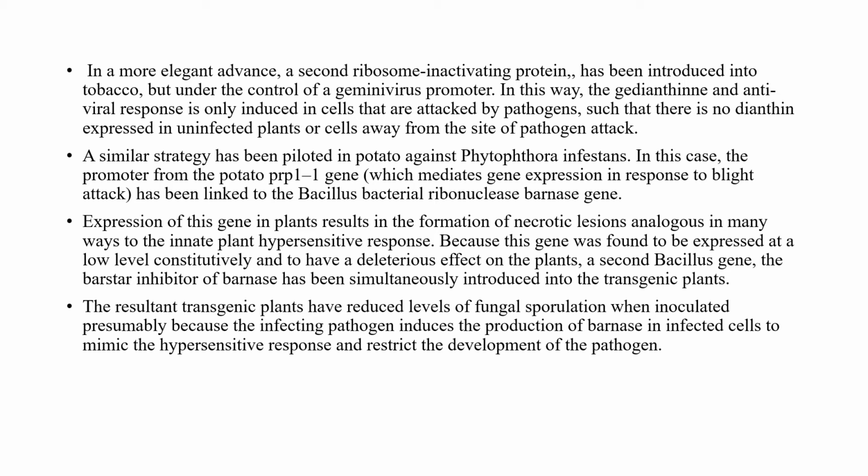The expression of this gene in the plants results in the formation of necrotic lesions, which in many ways mimic the plant hypersensitivity response. Because this gene was found to express at a low level constitutively, it had a deleterious effect on the plants, so a second Bacillus gene was used.